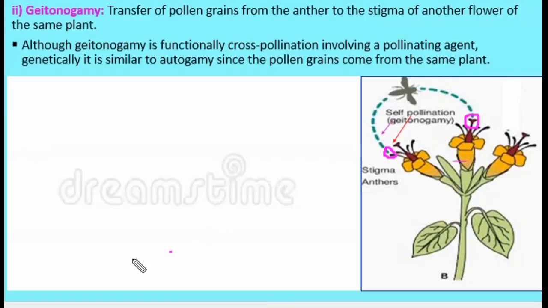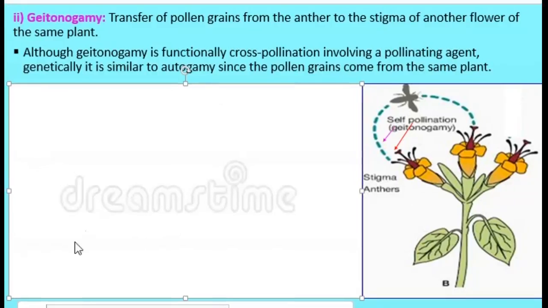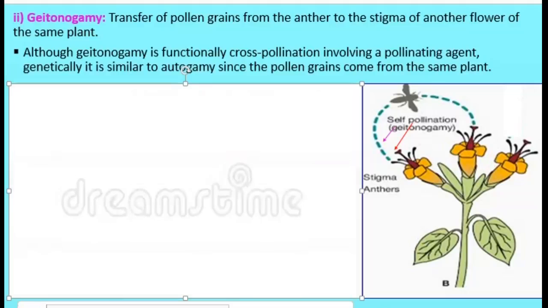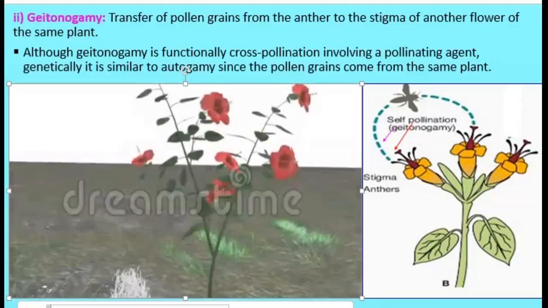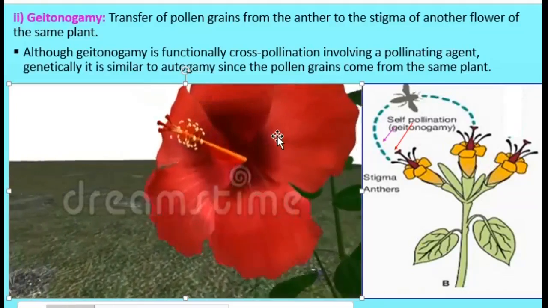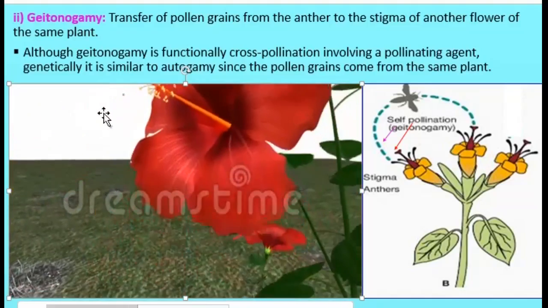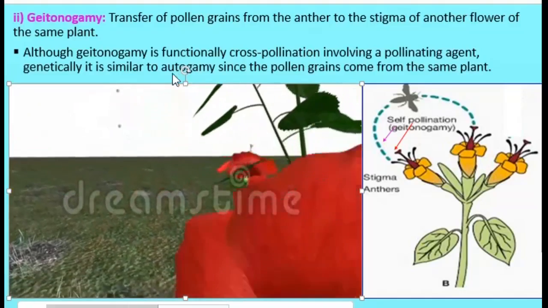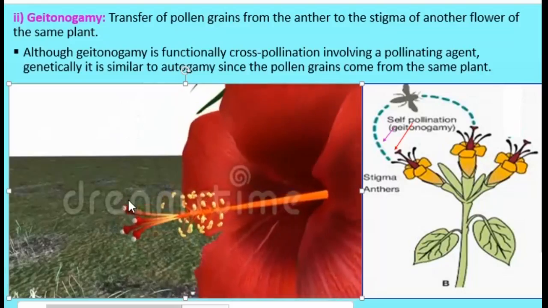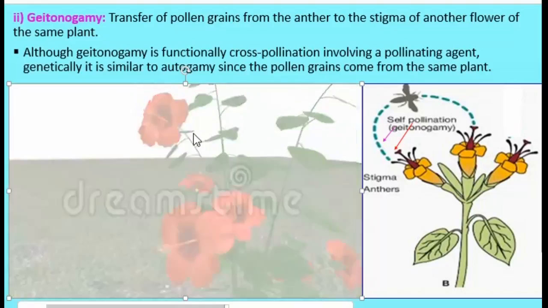Now let us watch this video. You can observe, this is the anther and these are the pollen grains that we can see here. These pollen grains are transferred to another flower, but this flower is also present on the same plant.